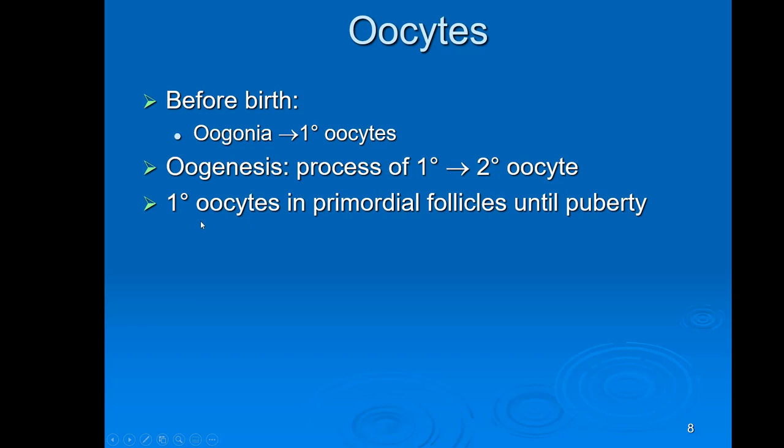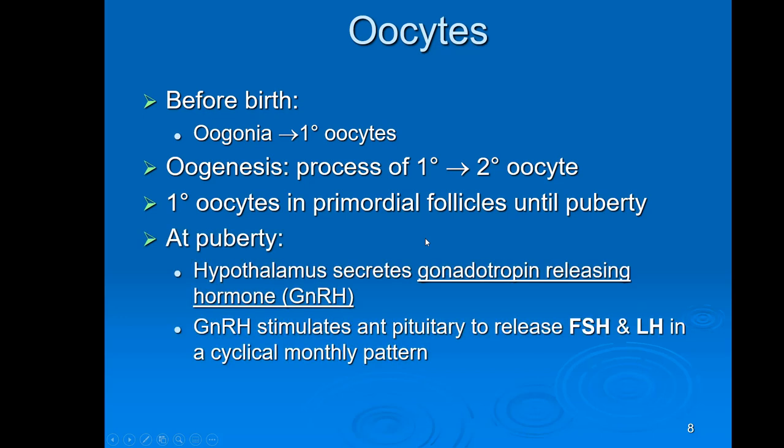When females are born, there are a bunch of primary oocytes stuck in primordial follicles, and they're going to stay like that until puberty hits. About the time puberty happens, the hypothalamus starts secreting a different hormone. Remember how the hypothalamus controls the anterior pituitary gland.